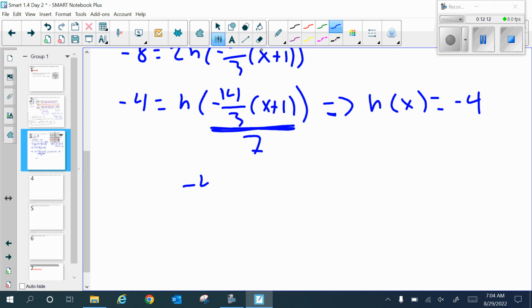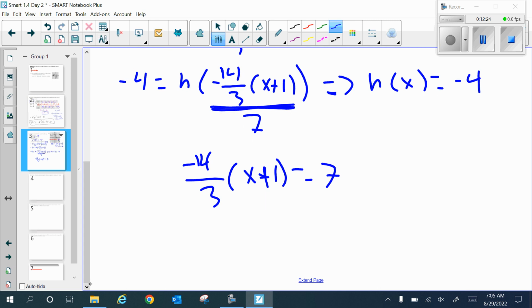So we get -14 over 3 times x plus 1 has to equal 7. And remember, ultimately, I'm solving for the x value. So once I solve this part out, I'm done. I'll multiply by 3 on both sides. So I get -14 times x plus 1 equals 21.